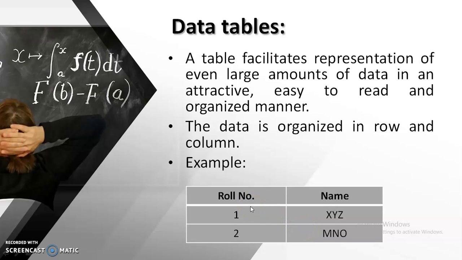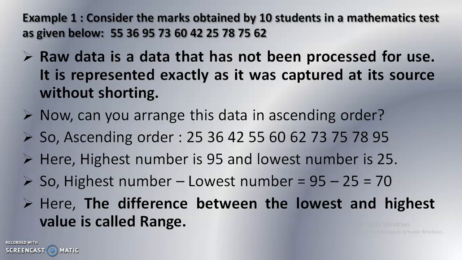So here I have written 2 columns and 3 rows, and you can find things easily by roll number or by names, right?